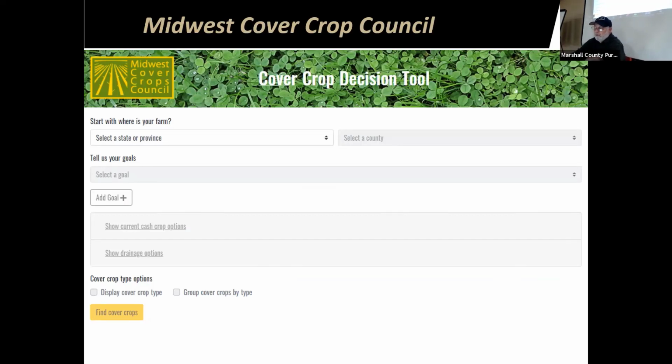That'll determine when you can plant cover crops based upon our climate. Tell it your goals. So do you want it to be a trap crop? Do you want it to be green manure to help increase organic matter? So it's a tool that you can go to, just like the NRCS soil webpage, to glean information that you can utilize if you try to use cover crops.